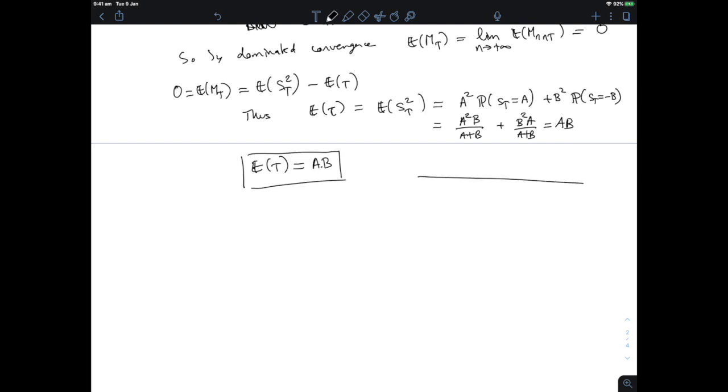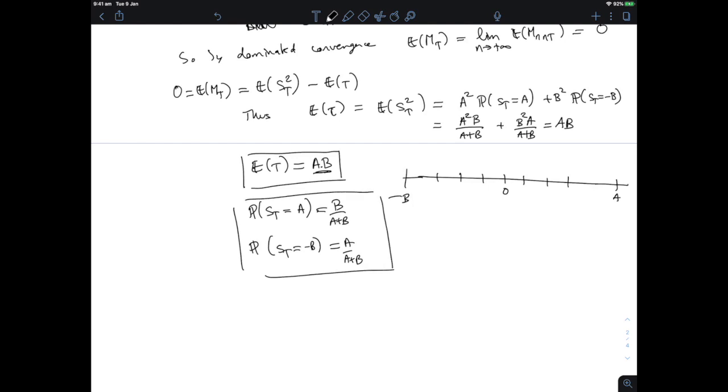So when you have a standard random walk like this, you start at 0 and you move left or right with probability 1/2, and you wonder when you're going to escape a certain interval of the form minus B, A. Well, you expect to exit this interval in A times B units of time, and the probability that you do it from the right before you do it from the left is B divided by A plus B. And of course, reciprocally, the probability that you do it from the left rather than the right is A divided by A plus B.